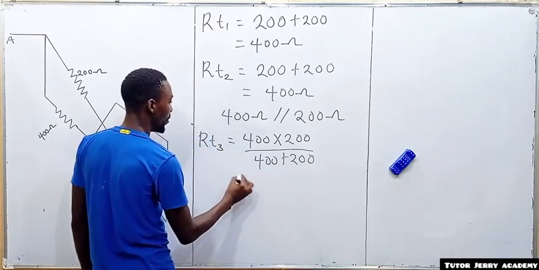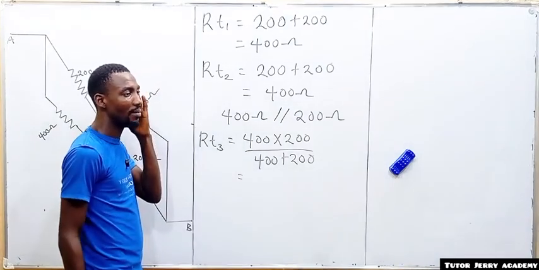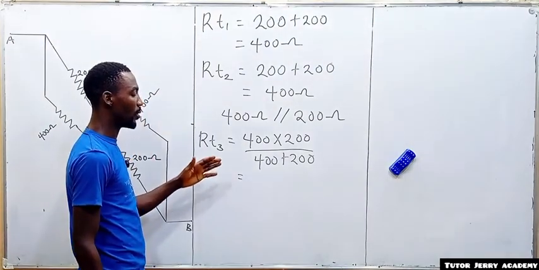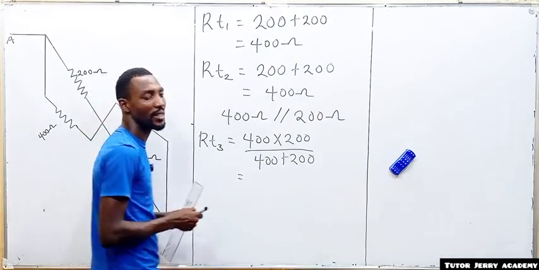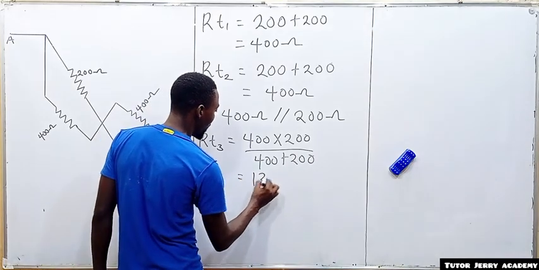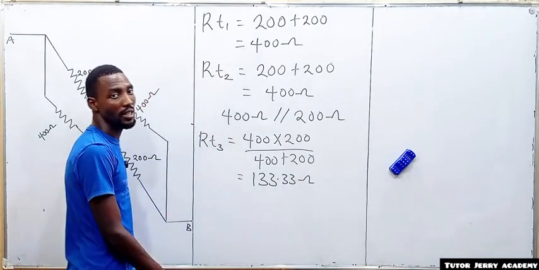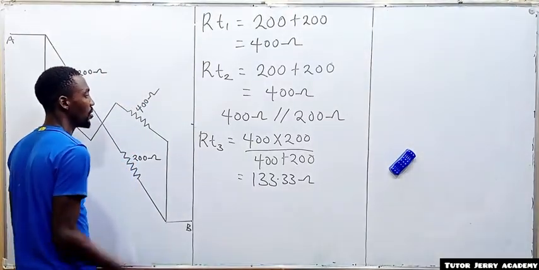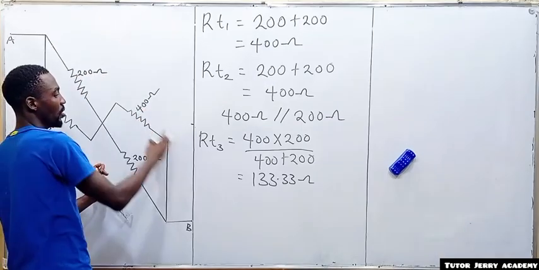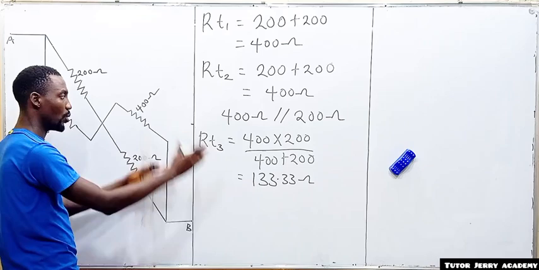If you do this, 400 multiplied by 200 divided by 400 plus 200, that's going to give us 133.33 ohms. Similarly, this one too is also going to give us 133.33, but in your exam you have to show all your work.